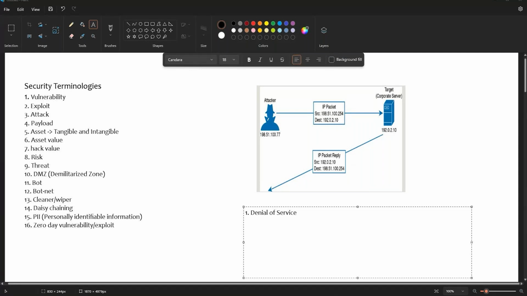But the thing is, can we do it on websites only or networks only? Can't we do denial of service in other, different places?